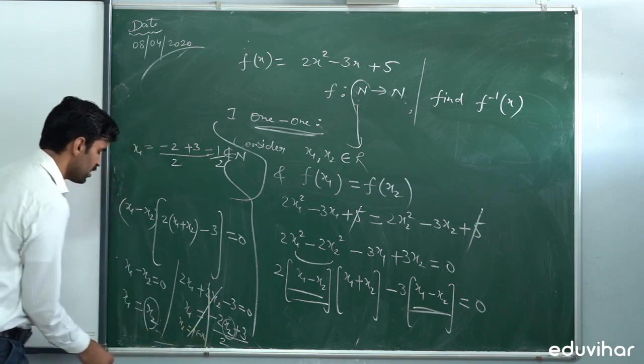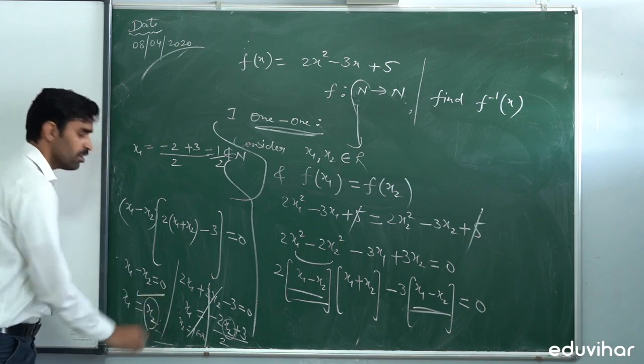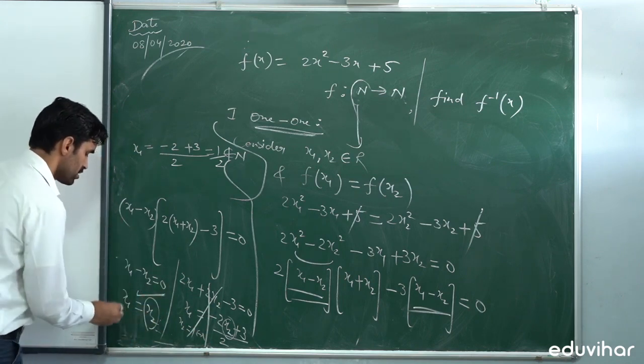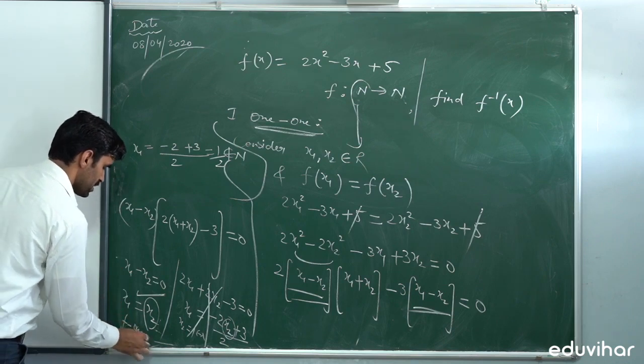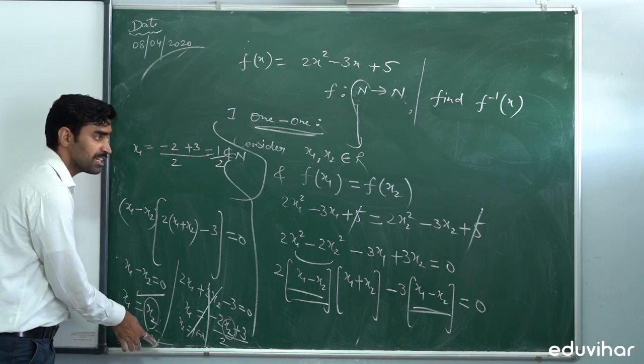The only possibility is x1 = x2. So the given function f is 1-1.